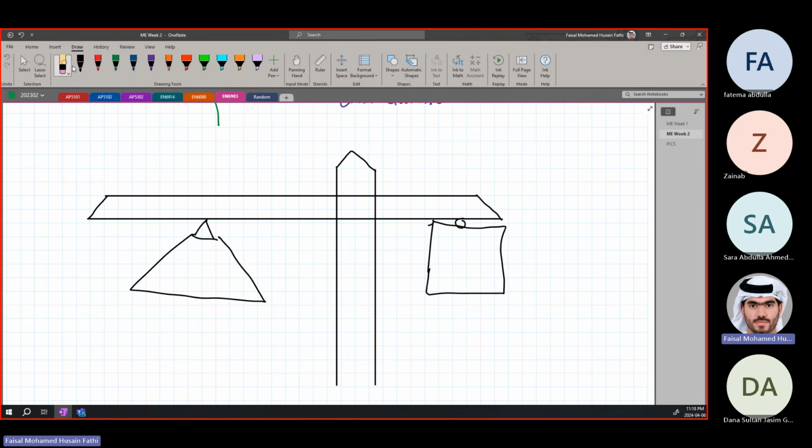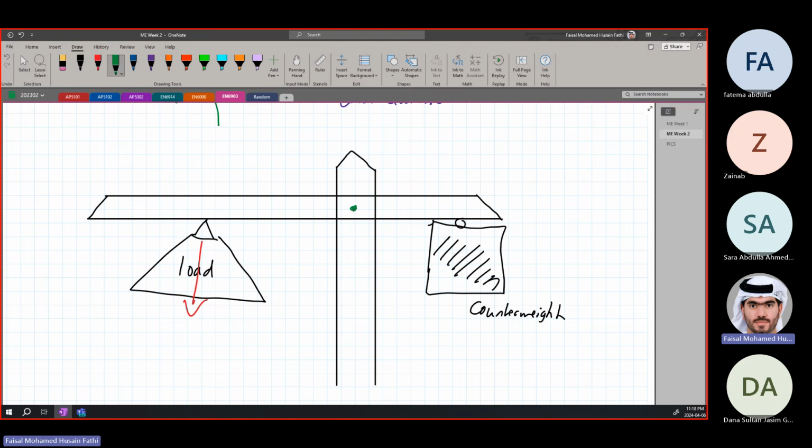Here they would usually put something very heavy called the counterweight. The idea of this counterweight is to counter the moment being caused by the load. Because this load is causing a force downward, right? So the crane will want to rotate around this point, this is the support point.